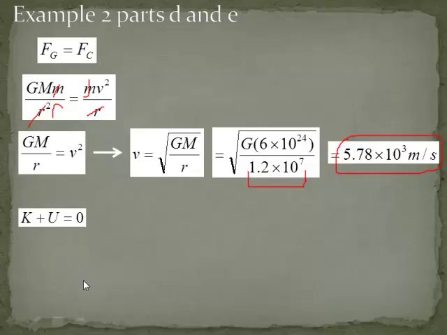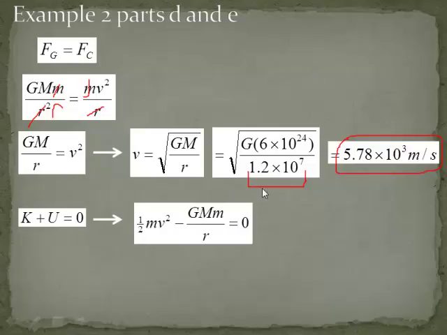So, at an infinite distance from Earth, which would be the escape distance, if you want to call it that, the kinetic energy will be equal to 0, and so will the potential energy. So the kinetic energy plus the potential energy will be equal to 0. Our expression for kinetic energy is 1/2 m v squared. For gravitational potential energy, it's negative G M m over r.